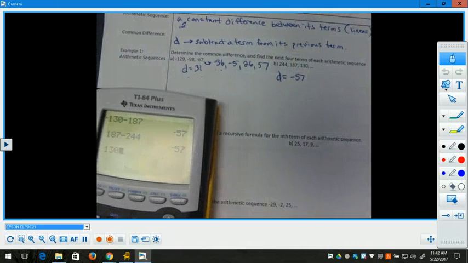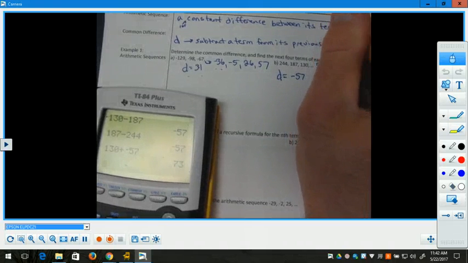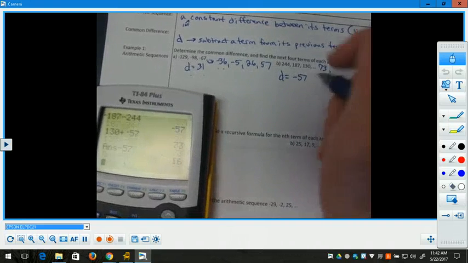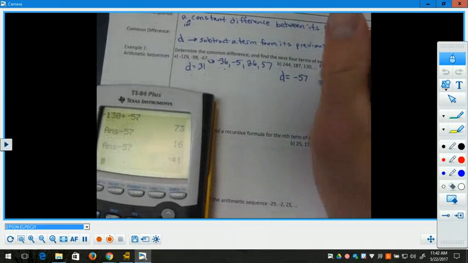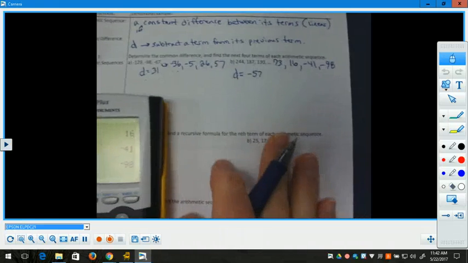We just take our previous term and add negative 57 to it to get the next term. Oh, sorry, minus 57. 16 minus 57, negative 41. I should just be able to hit enter and continue doing this. Negative 98. So there are our next 4 terms.